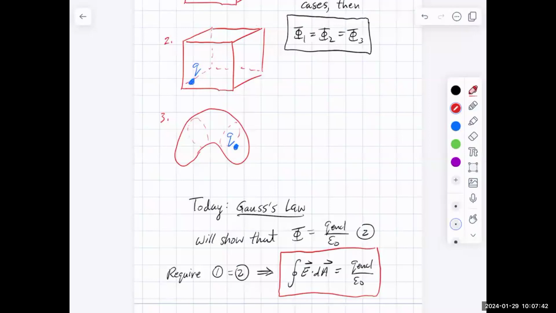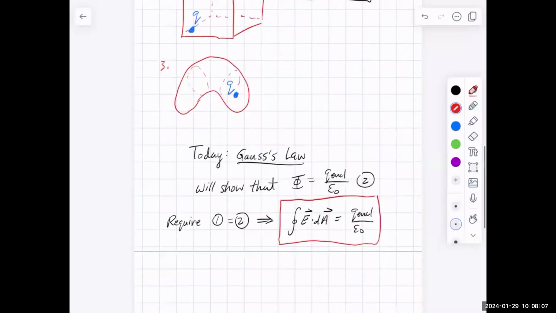And so once we have two ways to calculate the flux, those two ways must give equivalent results, so they have to be equal to one another. And this thing in the red box here is going to be Gauss's law. We'll see that it will help us calculate electric fields due to different types of continuous charge distributions.